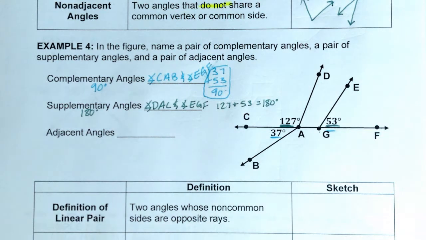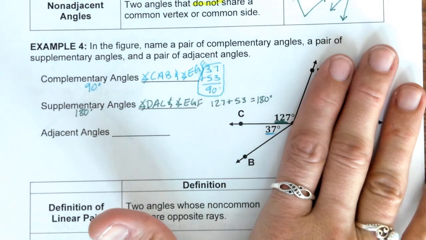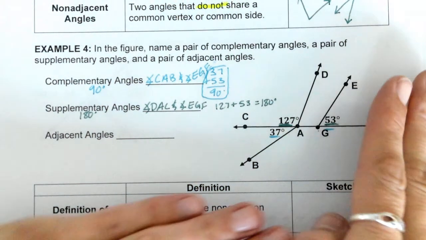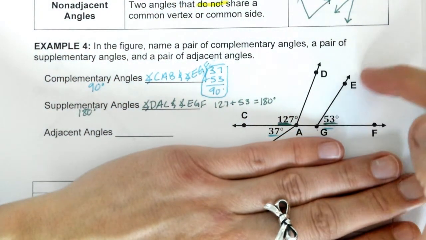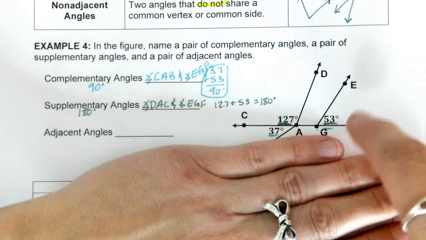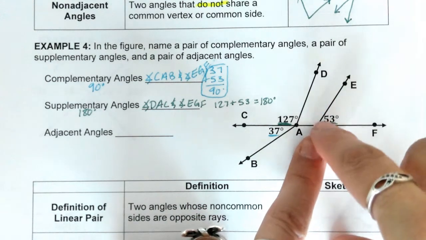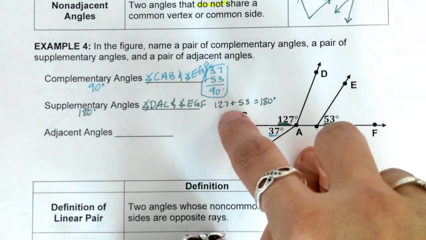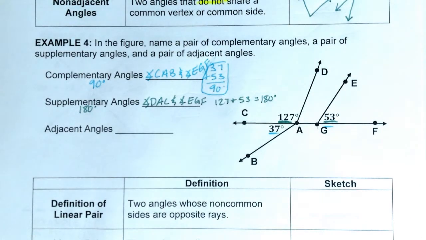A pair of adjacent angles. You have several pairs of adjacent angles here. Any two angles that share a common vertex and side. You've got right here, these two share, right? You've got right here, ignoring ray GE, you've got CAD and DAF. You've got here EGF and EGC. But we'll keep it simple and look at what's the easiest to see here.